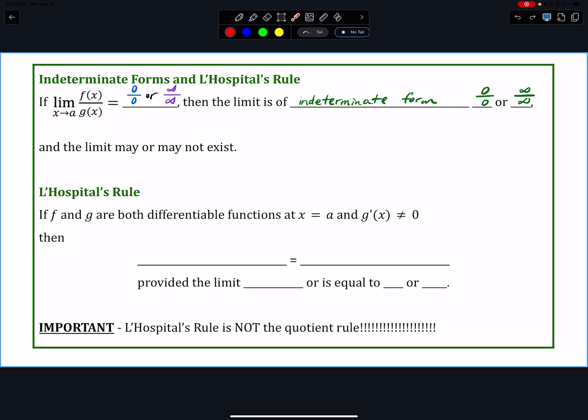So this is what L'Hopital's rule says, and Yev is already on top of it, okay?